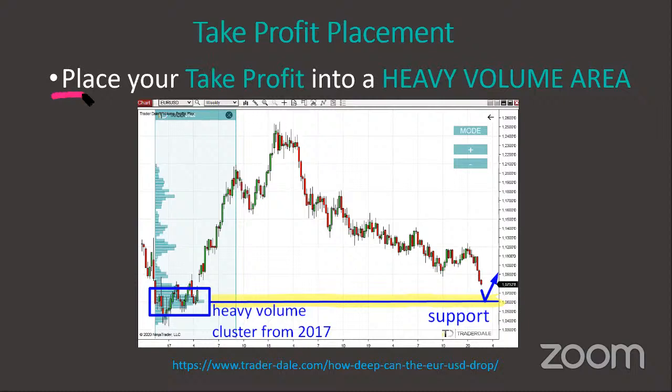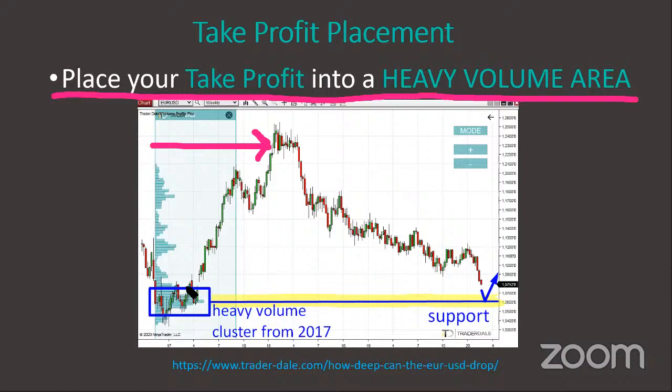There is only one rule for take profit placement, and the rule is place your take profit into heavy volume area. So the short was from here, and this was a heavy volume area from which the strong uptrend started before.